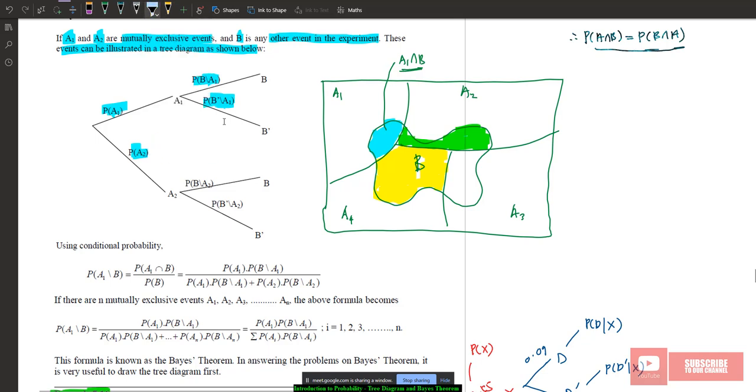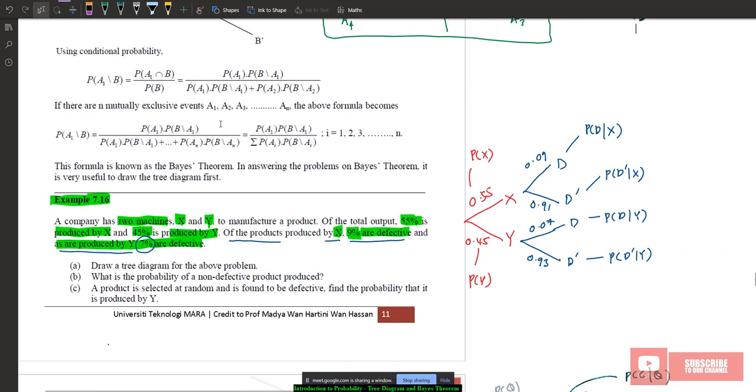And this one is the intersection between A3 and B. So if you want to find the probability of B, you should add A1 intersect B plus A2 intersect B plus A3 intersect B plus A4 intersect B. If you add all the intersections with B, you will get the whole B, based on this illustration.